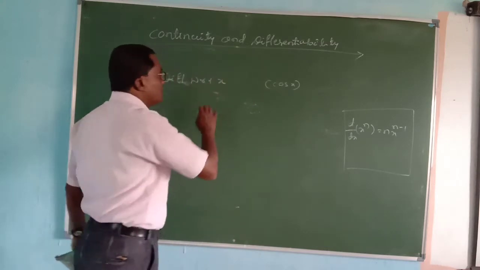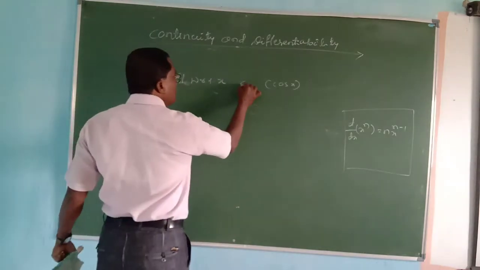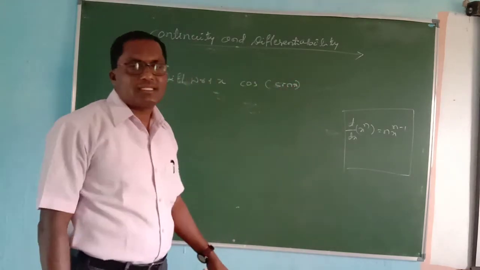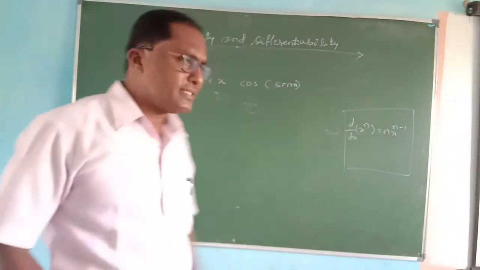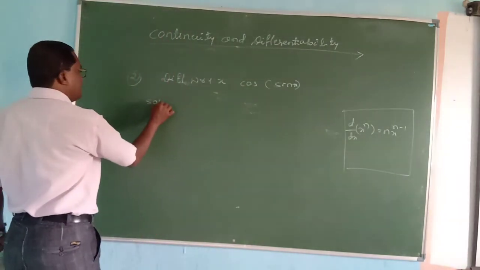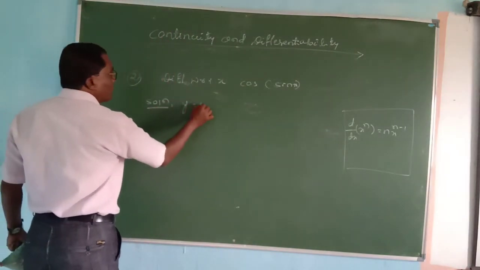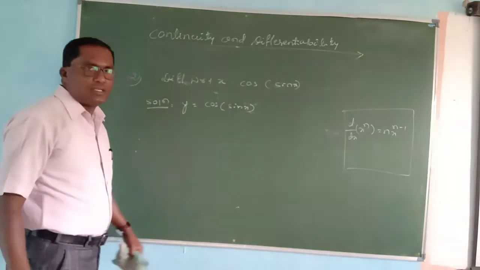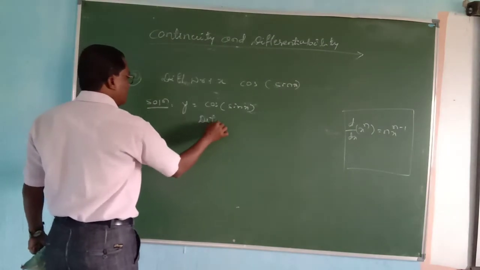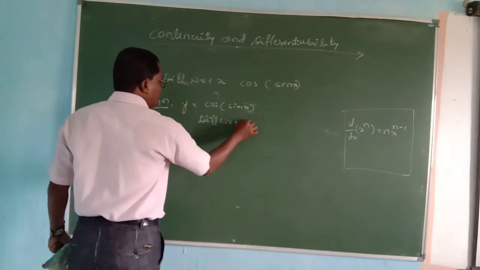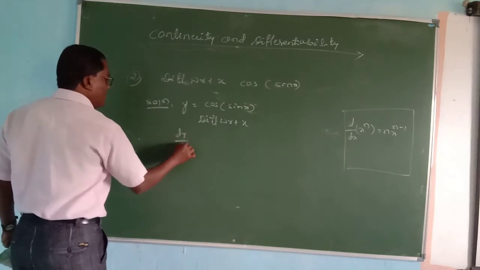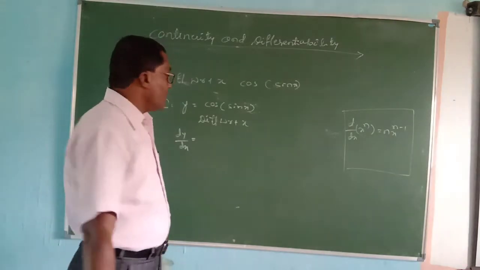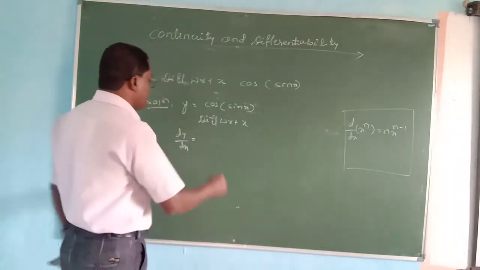See, differentiate with respect to x, cos of sin x. Anybody else? Okay. See, same problem, same method. Y is equals cos of sin x. Differentiate with respect to x. Therefore, dy by dx, right? Then what is differentiation of cos? Minus sin.